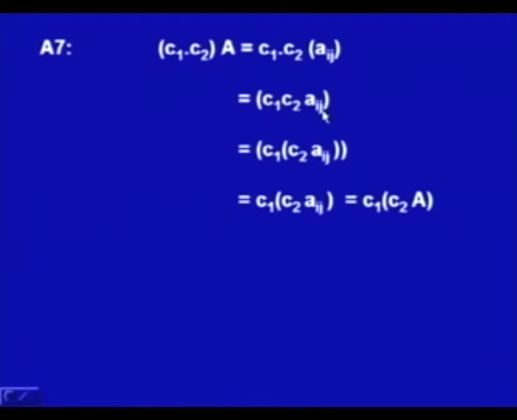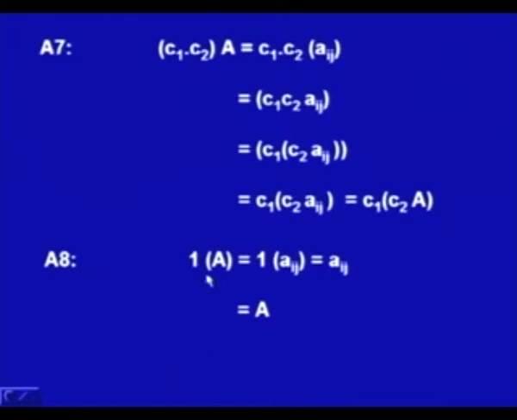So, it is c1 c2 Aij, multiplied with each and every element of the matrix, and this product is simply a number. So, you can interchange the brackets, and finally what we have is c1 c2 into A. So, this property also holds for scalars and matrices of order m by n.